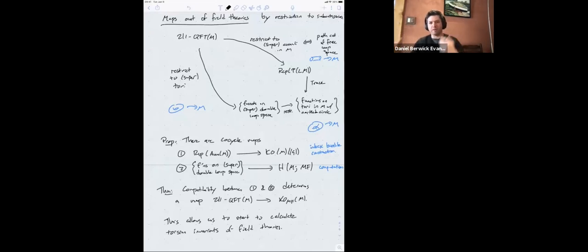You can just calculate what that restriction is, and you find these relationships with representations of annuli in M and functions on double loop spaces of M, things like that, that you can then calculate using geometric techniques. But furthermore, the compatibility between these restrictions is what's giving you this map to KOMF, where maybe torsion starts to show up. Any questions on that?